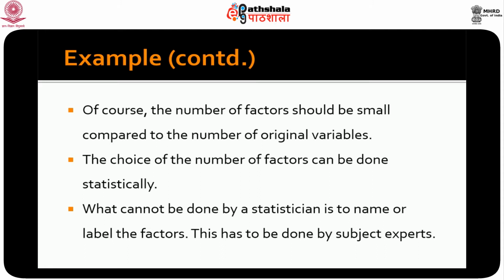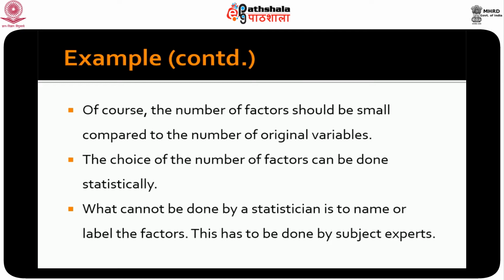One thing that we cannot do basically, and we will see this later on, is the interpretation of the factors. We can identify that there are 3-4 factors, but naming them, as I just did when I said memorization, creativity, etc., is beyond the scope of a statistician.